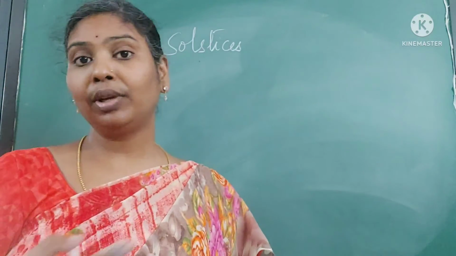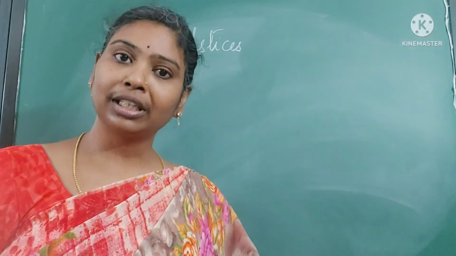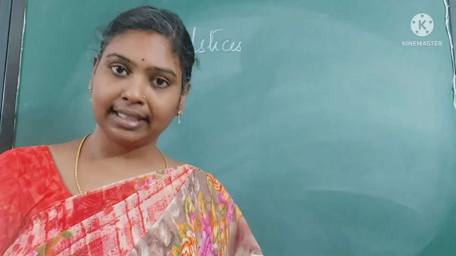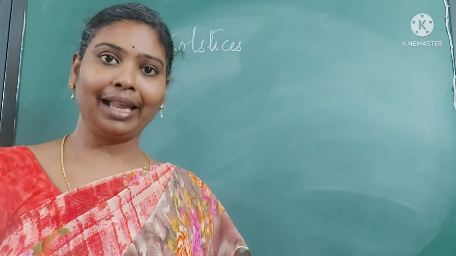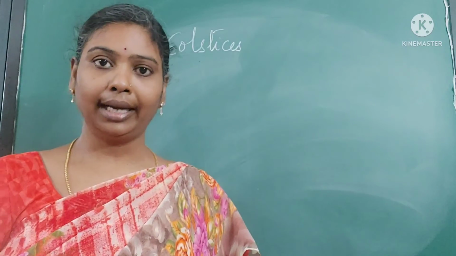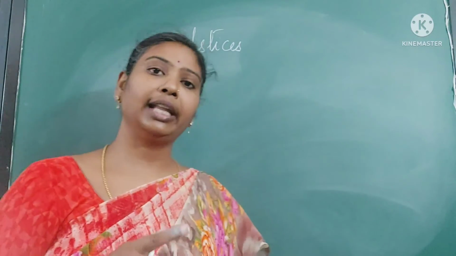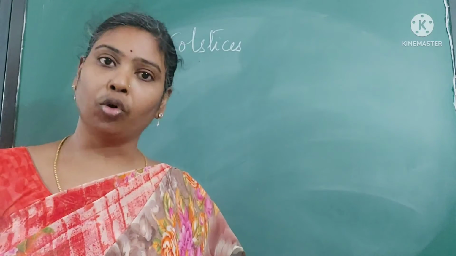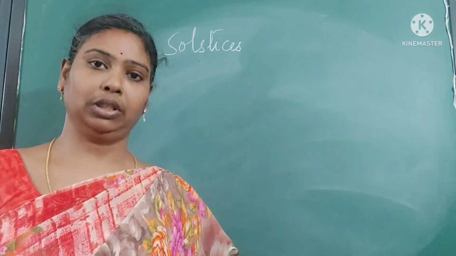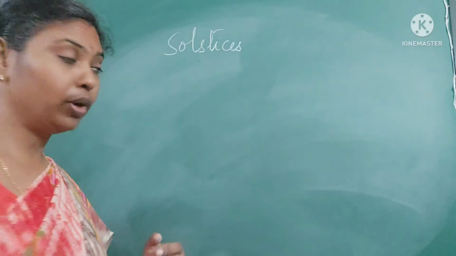So where it falls directly on the Tropic of Cancer in the northern hemisphere, that day has the longest day, and is known as the summer solstice, right? So solstice means the length of the day or night is more than the other. Now coming to what is an equinox.